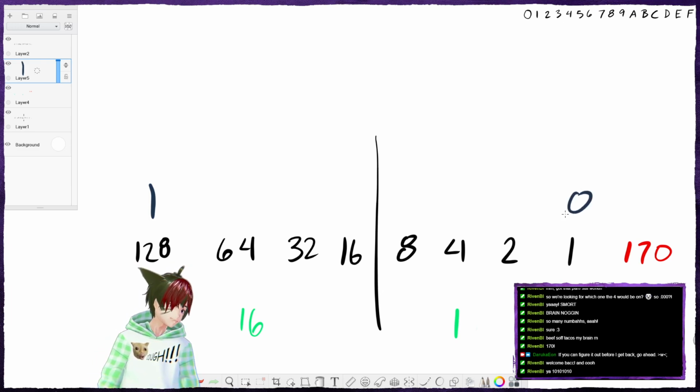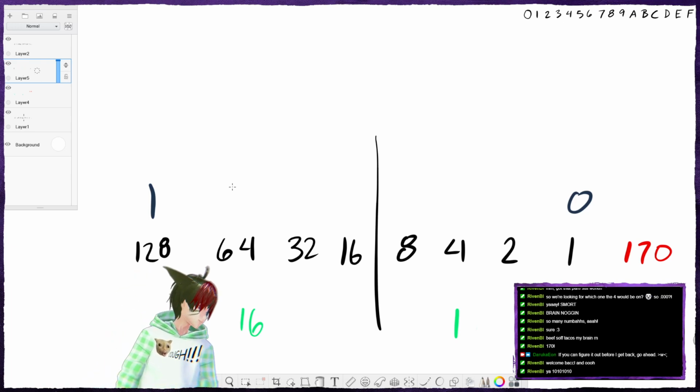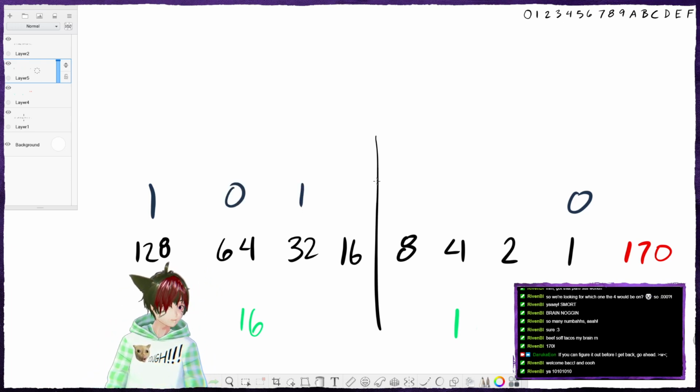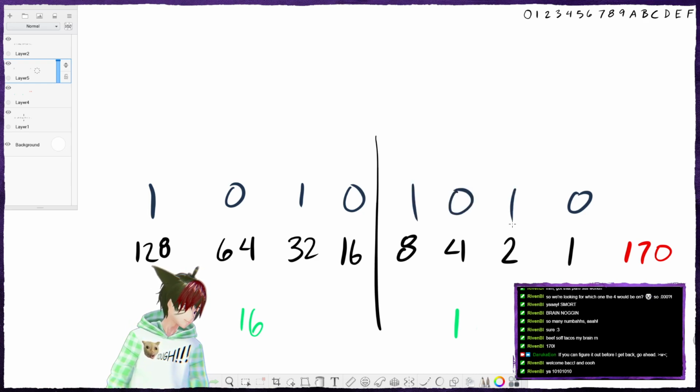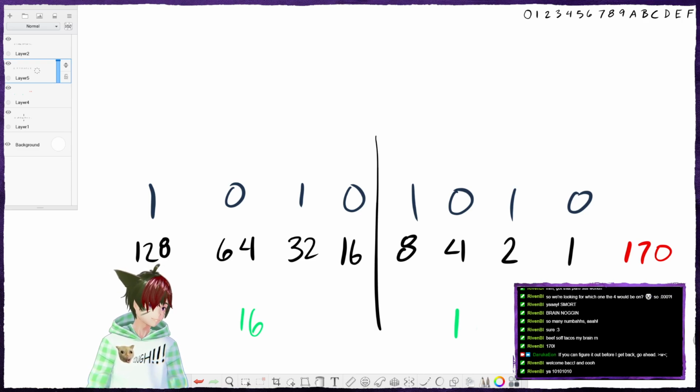And we know this is a 0. 1 0 1 0 1 0 1 0. All right.